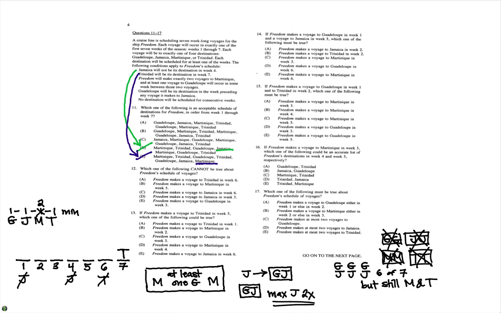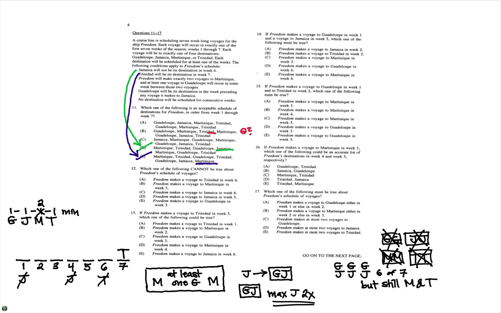The next rule, Freedom will make exactly 2 voyages to Martinique, with at least 1 voyage to Guadeloupe in between those 2 voyages. So we look at A, 2 trips to Martinique, Guadeloupe in the middle, A is fine. B, we have 2 trips to Martinique, but the only thing between it is Trinidad. Where is Guadeloupe?